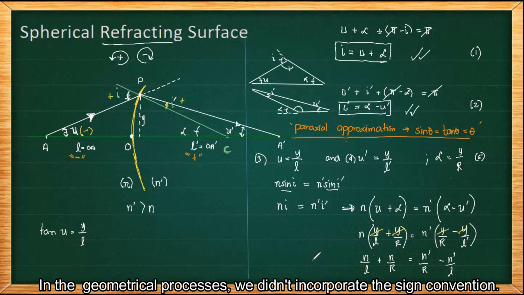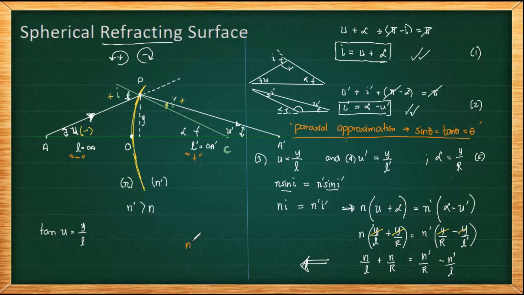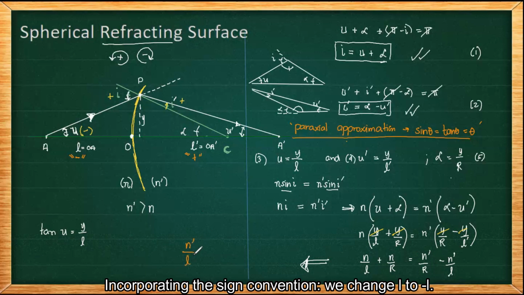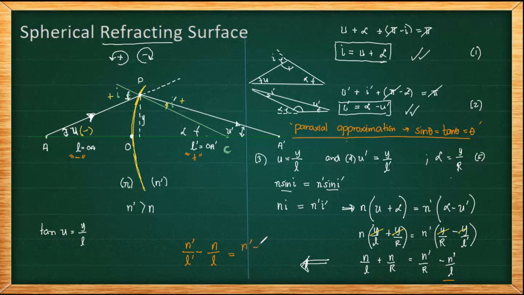Okay. And then rearranging, we have n prime over L prime minus n over L, this one placed to the other side, equals n prime minus n over R. So this is the equation for a spherical refracting surface.